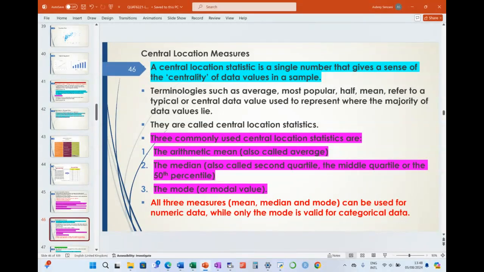So here, as I mentioned, central location measures. A central location statistic is a single number that gives a sense of centrality of data values in a sample. So when we talk about a sample, we know a certain portion of values. Then three commonly used central location statistics are the mean, in other words, the average.